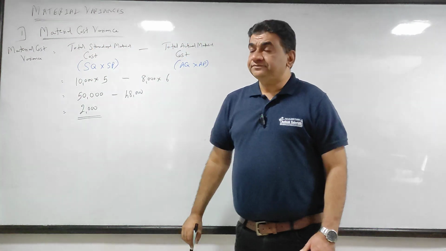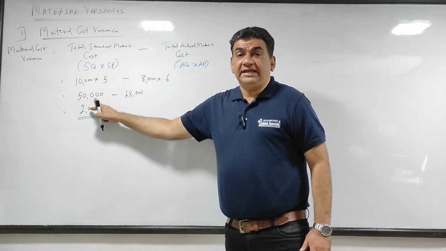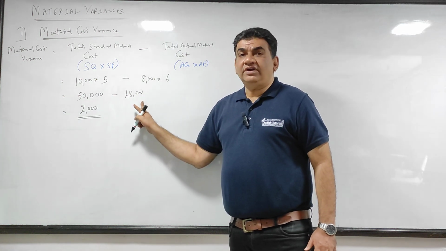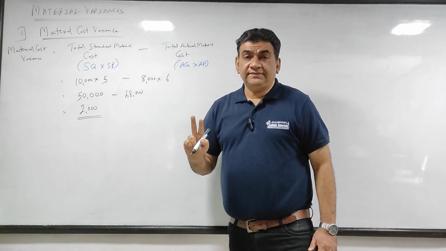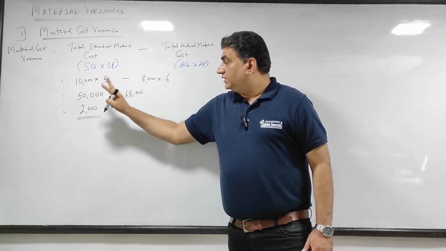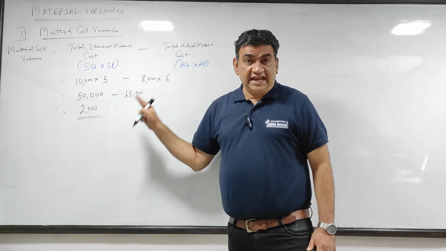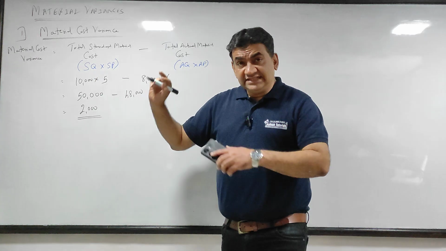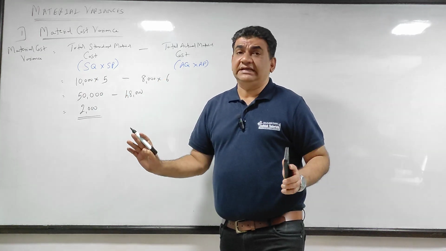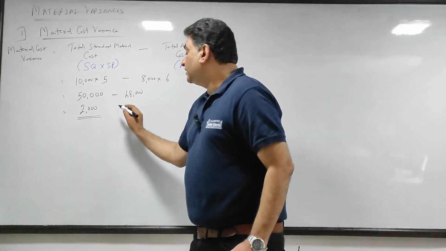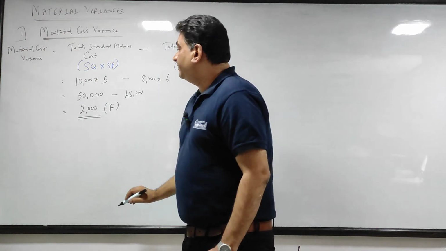Now guys, see, I predicted 50 but actual I have 48. So can I say I saved 2,000? If this were 48 and that were 50, I would have paid more. So I have saved. So in this chapter, if it is a positive figure, we denote it by putting a bracket and writing F.